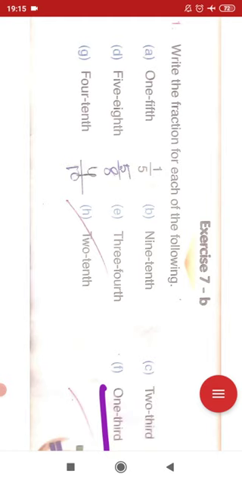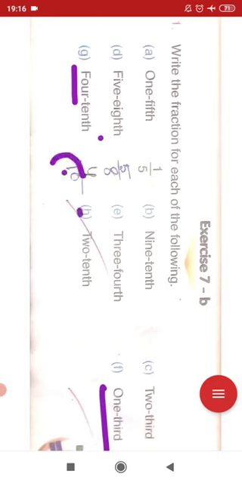Using digits, using numerals, we can also represent a fraction, so we can represent the fractional number in both ways. Now four-tenths: 4 is the numerator, tenth, so write 10 as the denominator.